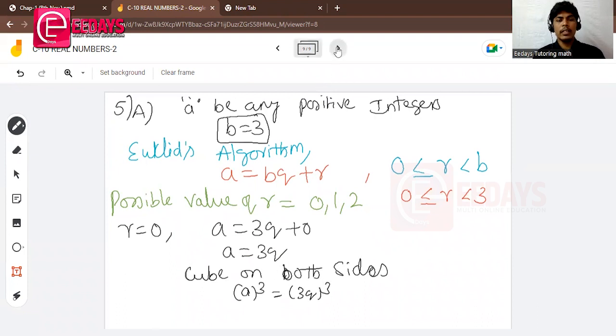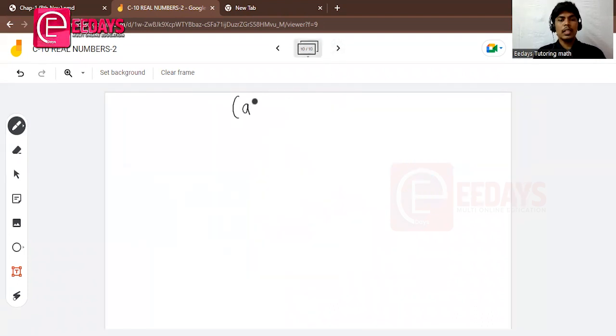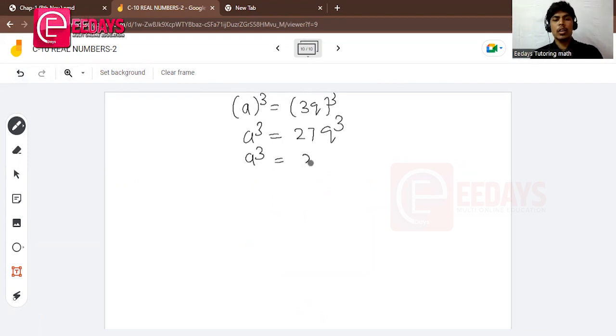Let's do it on the next slide. So a whole cube is nothing but 3q whole cube, which is 3 cube q cube, that is 27q cube. If you take 9 as common, why?